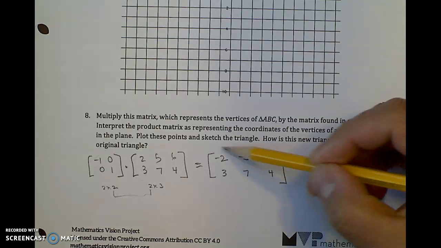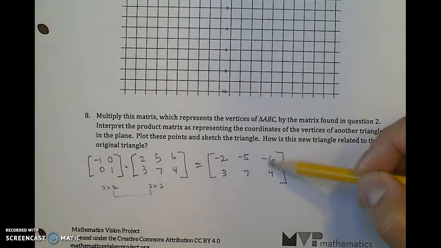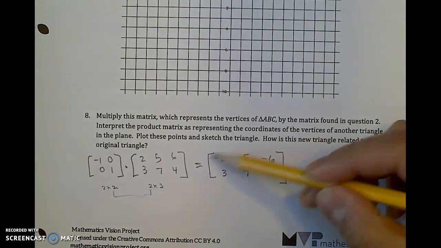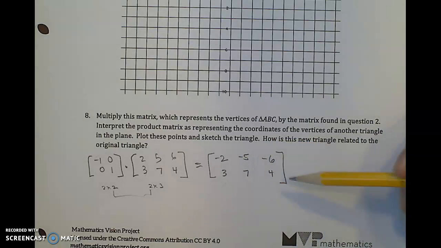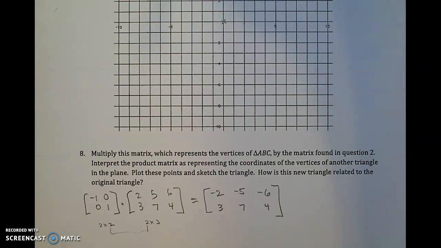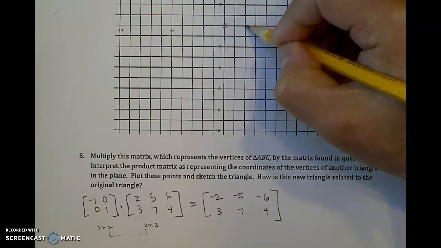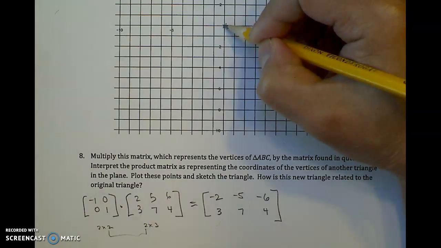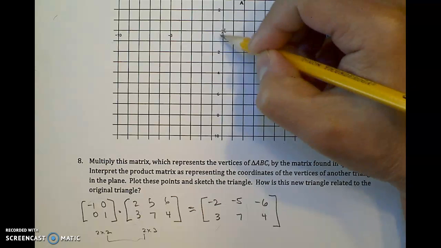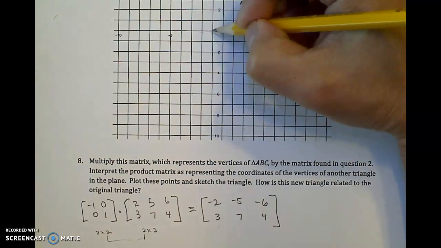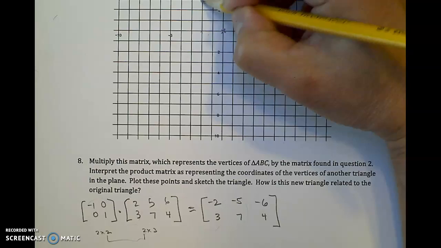Again, we're looking at these as coordinates, in terms of the columns. So we're going to graph -2, 3 first. So we go to the graph grid, go to -2, then up 3. I'm sorry, other way. -2, up 3.